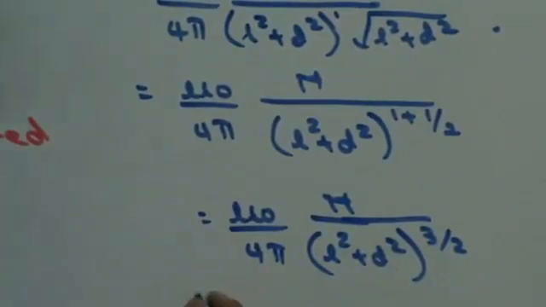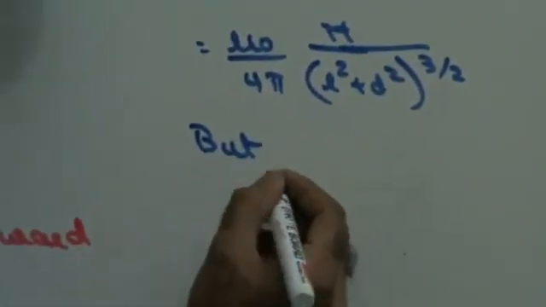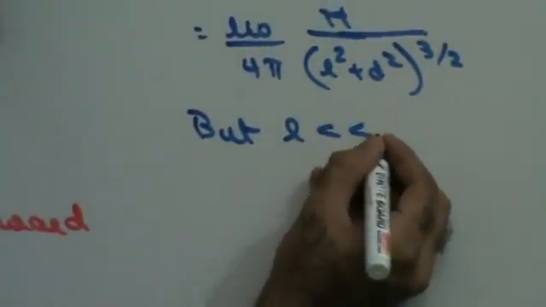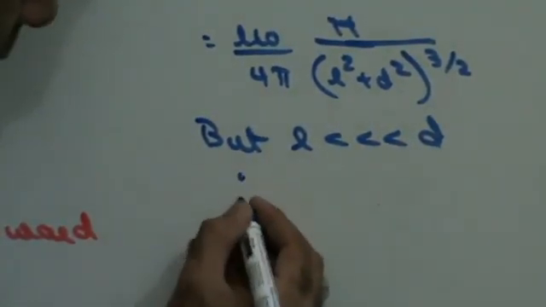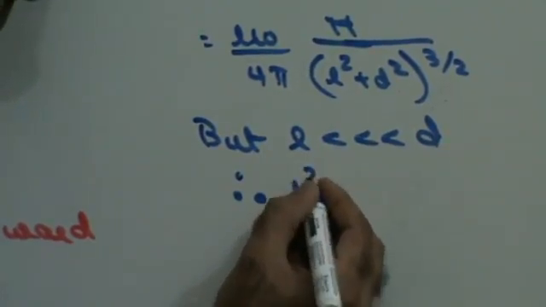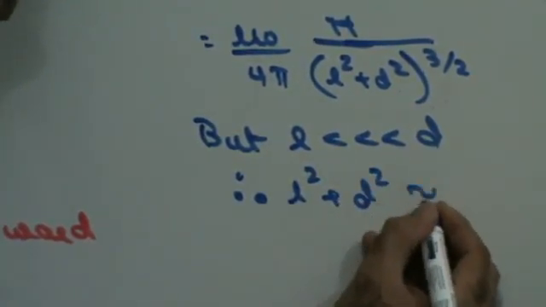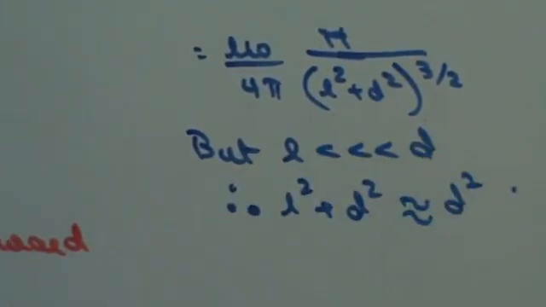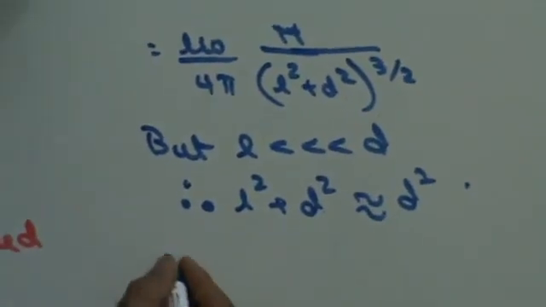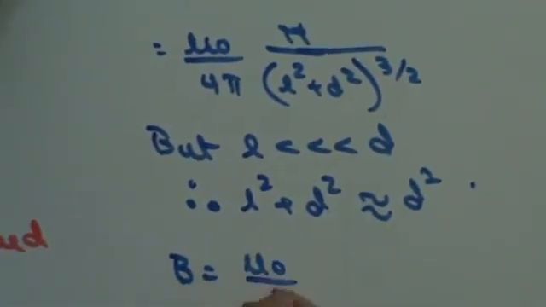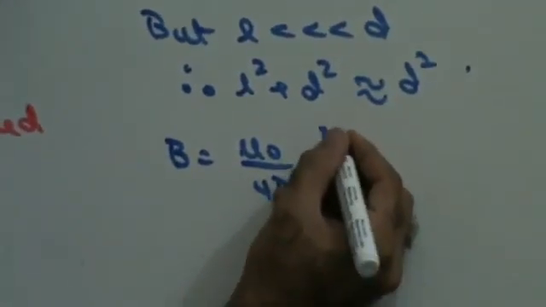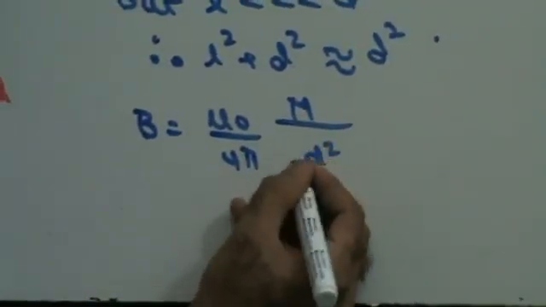Fine. But we know that L is very small as compared to D. Therefore, I can say that L square plus D square is approximately equal to D square. Therefore, magnetic induction B will be mu 0 upon 4 pi M upon D square raised to 3 by 2.